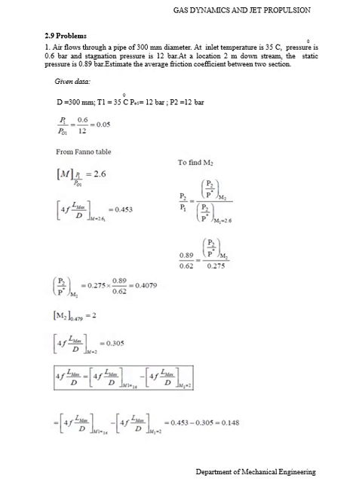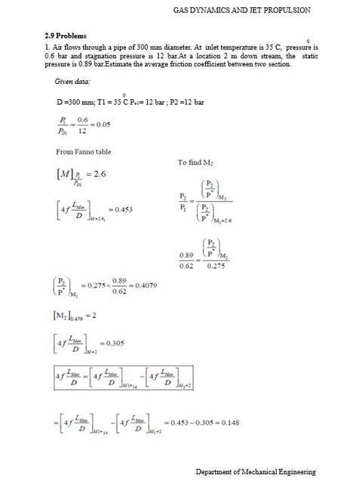From the Fanno table, the Mach number at P1 divided by P01 equal to 0.05 is 2.6. Then to find out M2, we know that 4f L max divided by D for M equal to 2 is equal to 0.453.